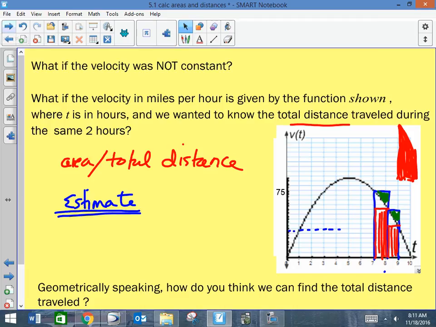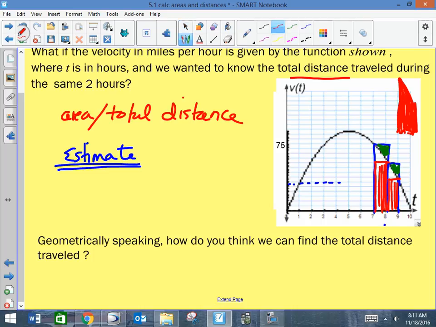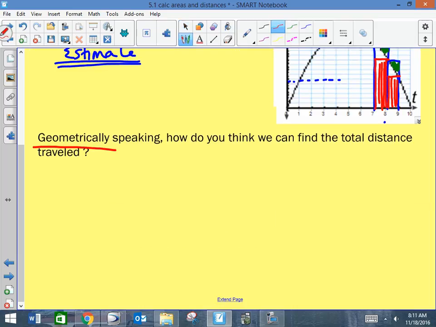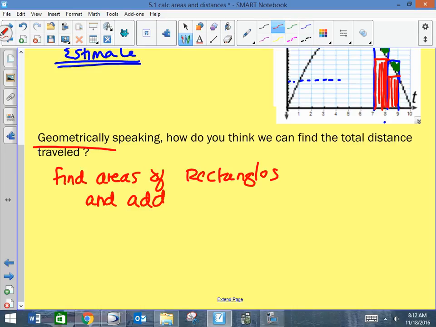But for starting here, we are going to find areas of rectangles and add them up. And yes, we'll have to have either underestimates or an over.